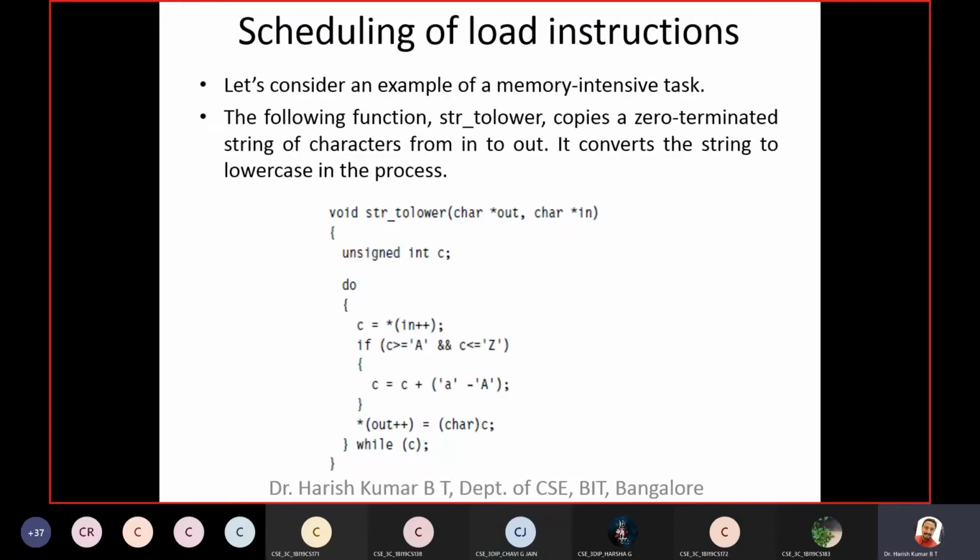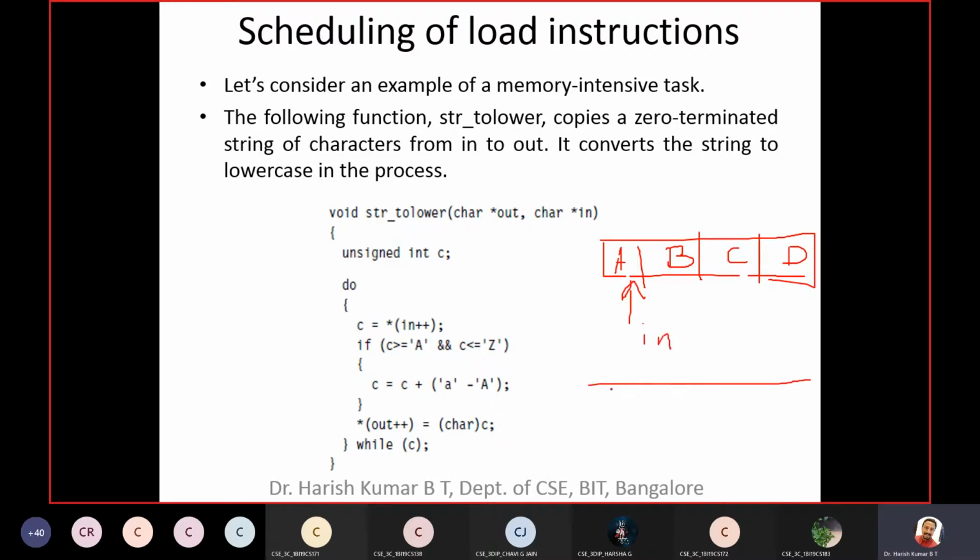So now we'll try to understand how instruction scheduling works with this example. Here I'm taking an example, a C code which is written here. What this C code is basically doing is converting a string which is written in uppercase to lowercase letters. Say this is the memory location, and I have A, B, C, D in uppercase stored, and in is pointing to this.